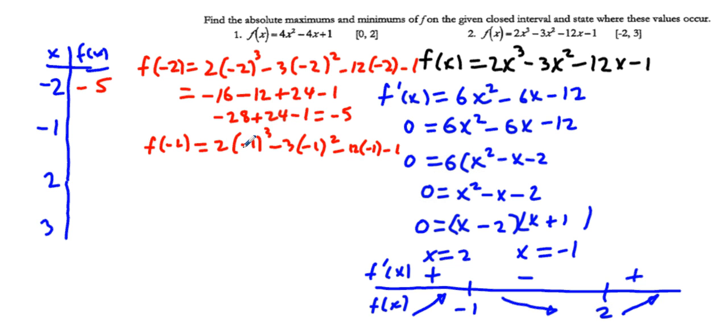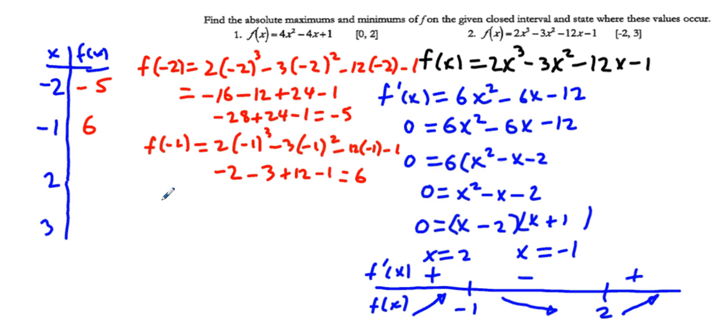Here -1 cubed times 2 is -2, minus 3, and then minus times minus is plus 12, minus 1. So -2 minus 3 is -5, plus 12 is 7, minus 1 is 6. So 6 is the absolute maximum candidate.